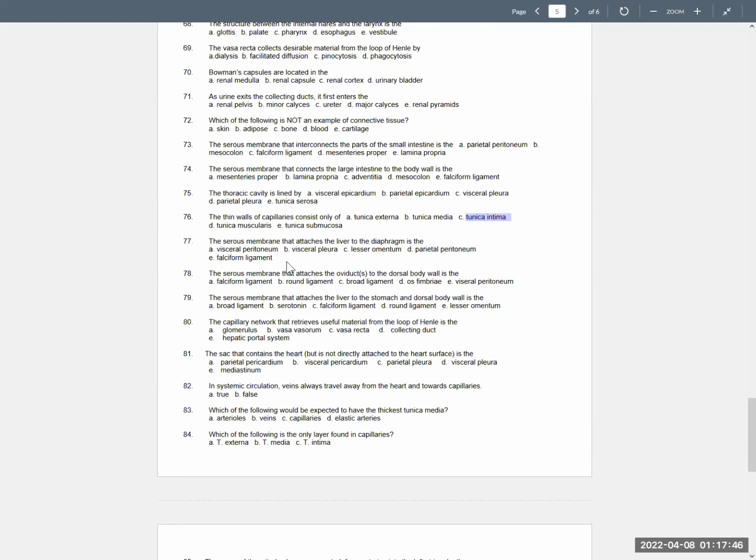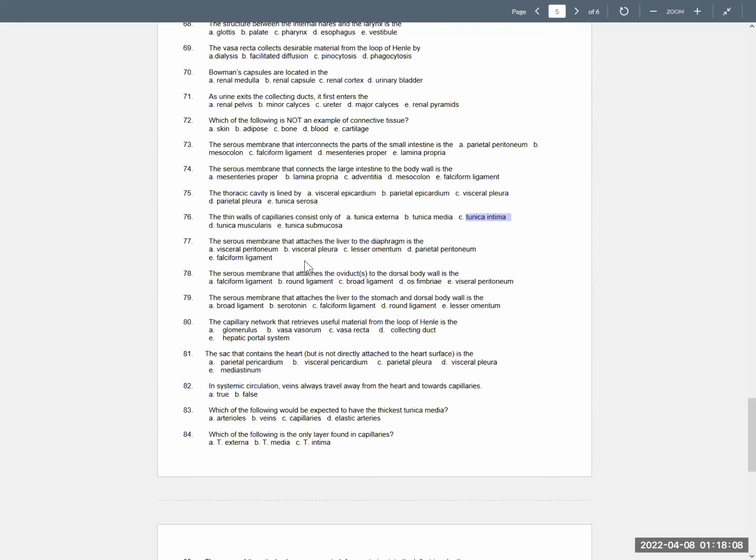77, another serous membrane attachment question. The serous membrane that attaches the liver to the diaphragm is what? We actually answered this in a previous question. The falciform ligament.